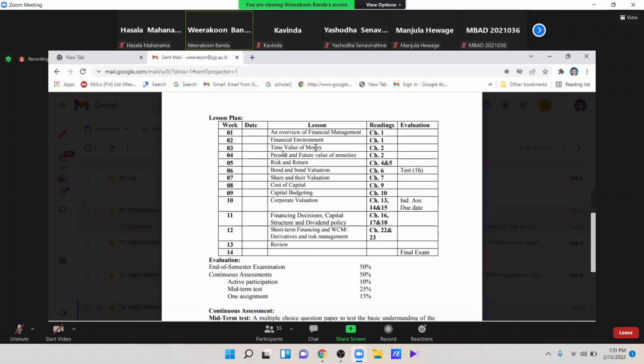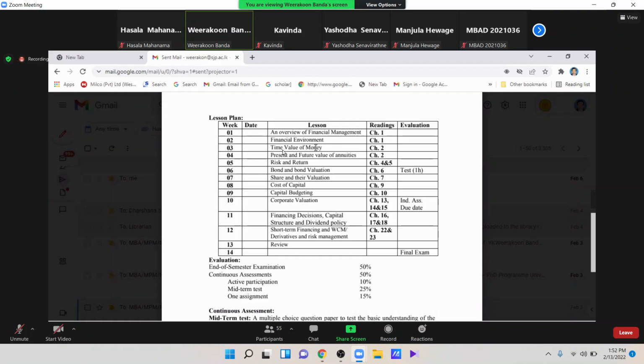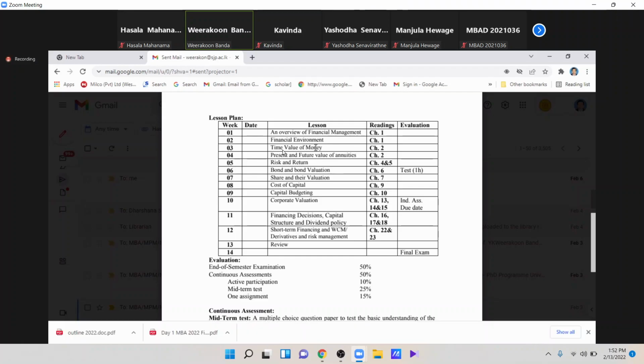Or you can purchase some shares in the market and, at the end of the period, sell them at a higher price and recover some benefit. Likewise, there are different kinds of investment opportunities. So the time value of money concept is very important.